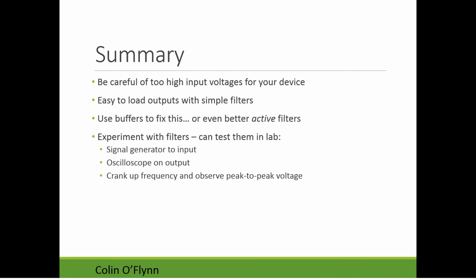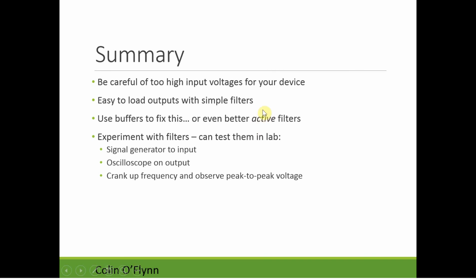As part of filters, we talked a bit about buffers. So we can use buffers either independently just to buffer a signal to give us a stronger drive strength, or we can use what are called active filters, which integrate the op-amp into the filter circuit itself.